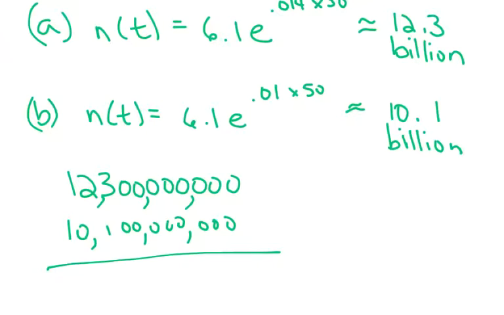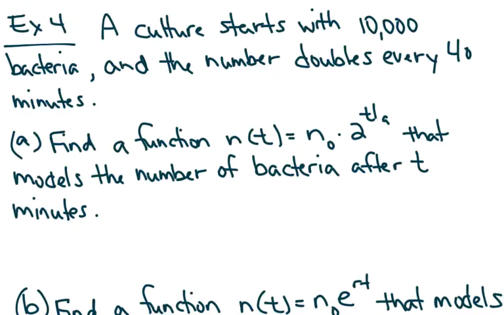And we're going to see that the difference is actually going to be 2.2 billion. So just that small change in the percent rate of growth could mean the difference of 2.2 billion people in the world. Example 4. A culture starts with 10,000 bacteria and the number doubles every 40 minutes.